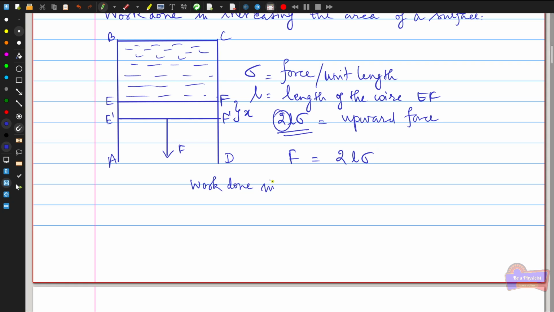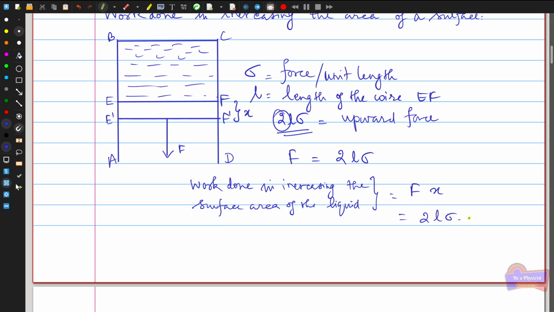The work done in increasing the surface area of the liquid is equal to force into distance. The force we already know is 2 times L into sigma, into x.